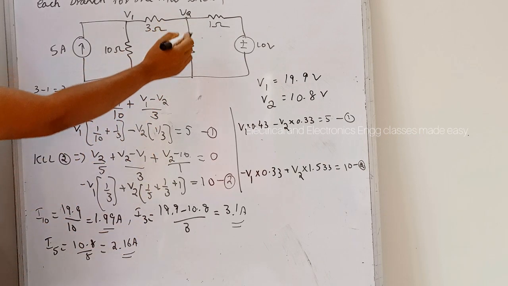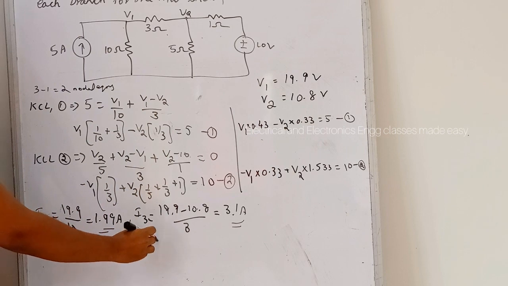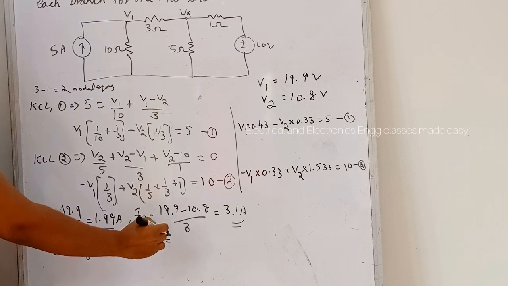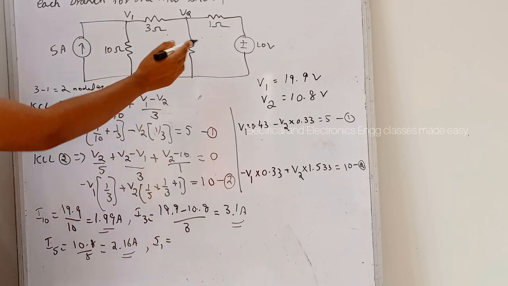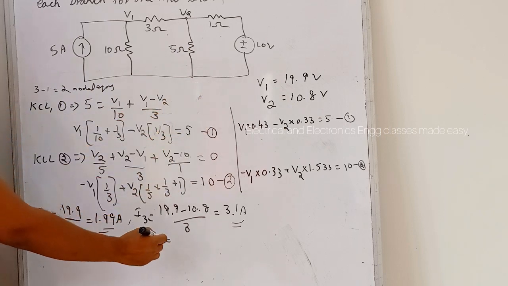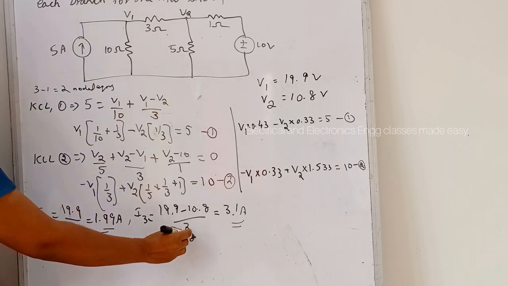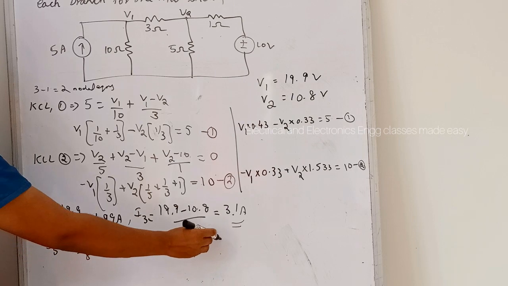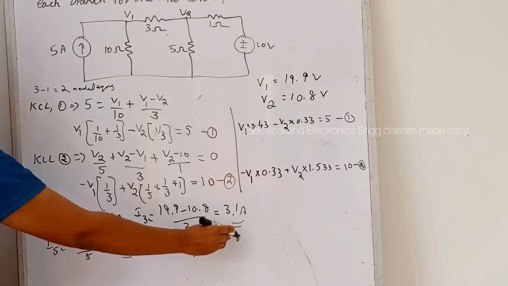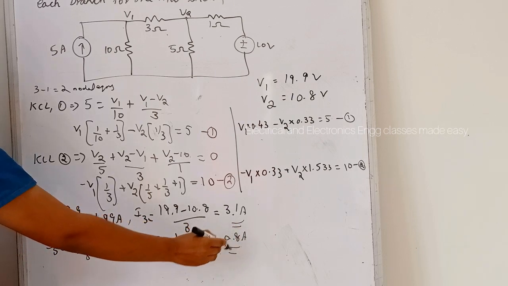And through the 1 ohm resistor, I1 ohm is equal to V2 minus 10, that is 10.8 minus 10 divided by 1, that is 0.8 ampere.